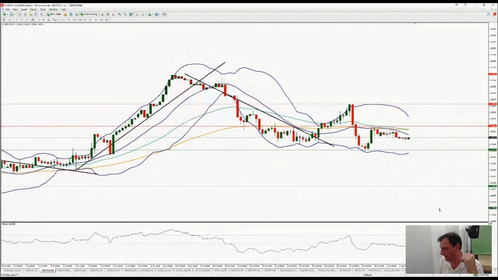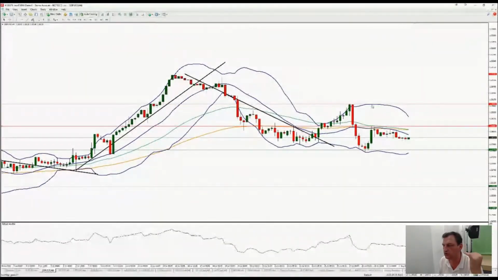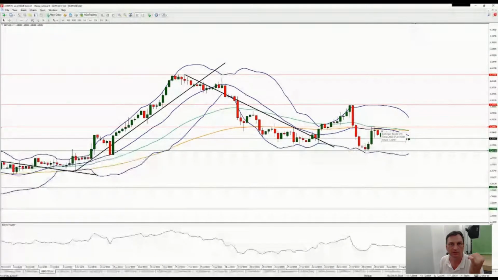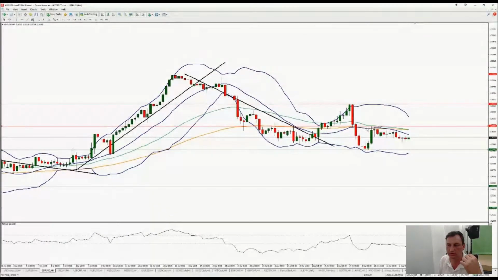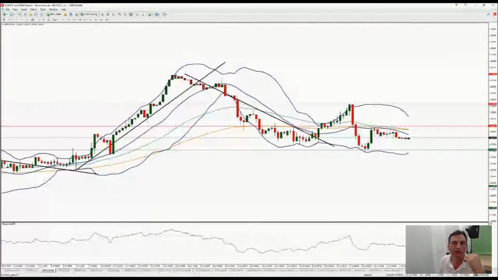This support line has to go lower, and so we have 1, 2, 3 peaks which are marking the resistance lines. They're levels which were actually tested to the upside, and they were able to reverse the upward movement. Especially this one. Note how beautiful upward movement there was, and it hit the ceiling right here.